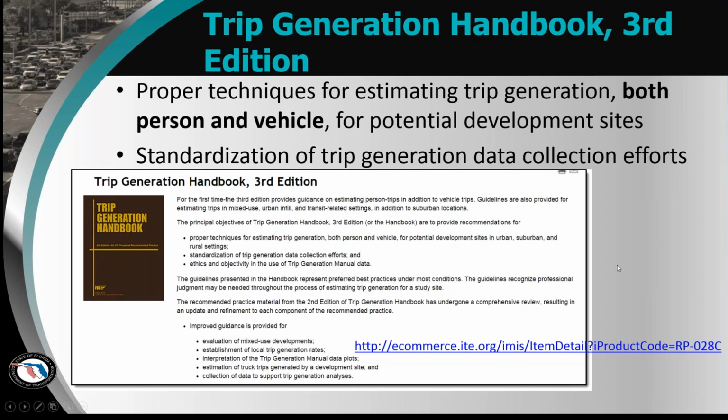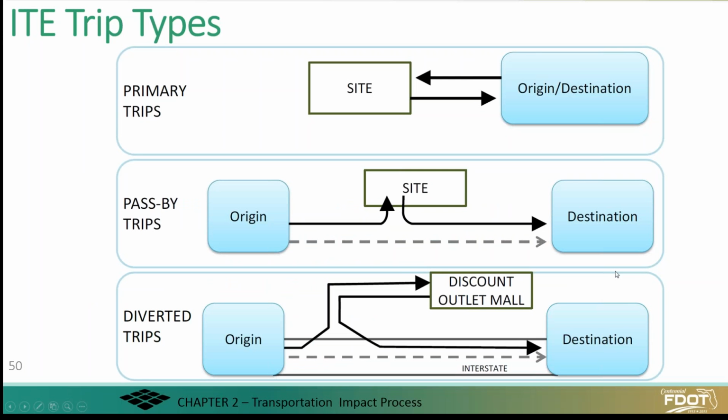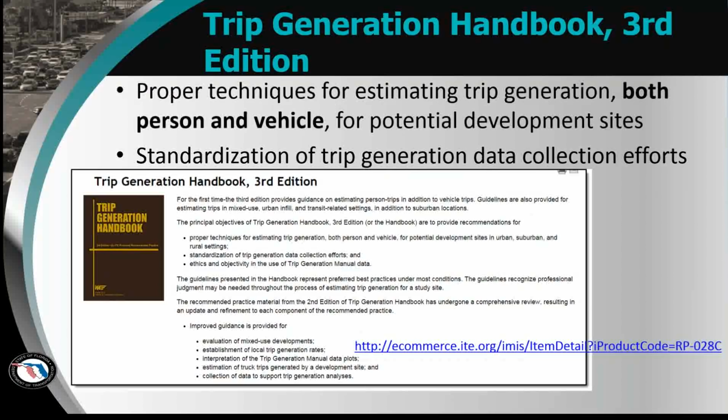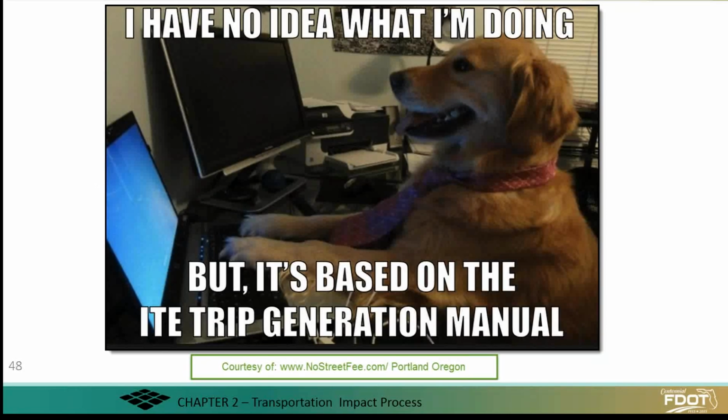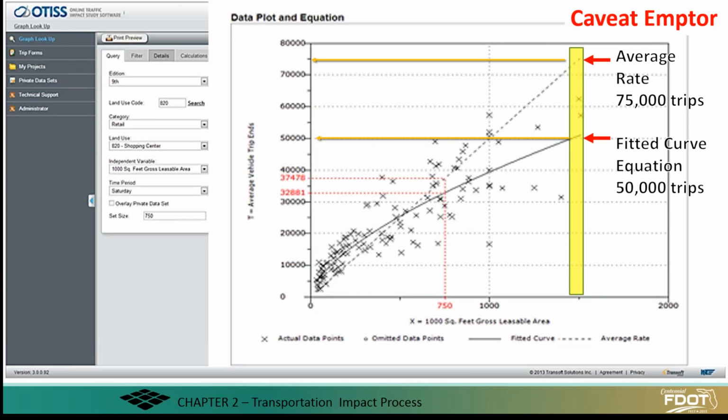We just had a question. When do you use the rate or the equation? And Gary, I suggest you go back to the ITE graph that you just showed, the average rate.